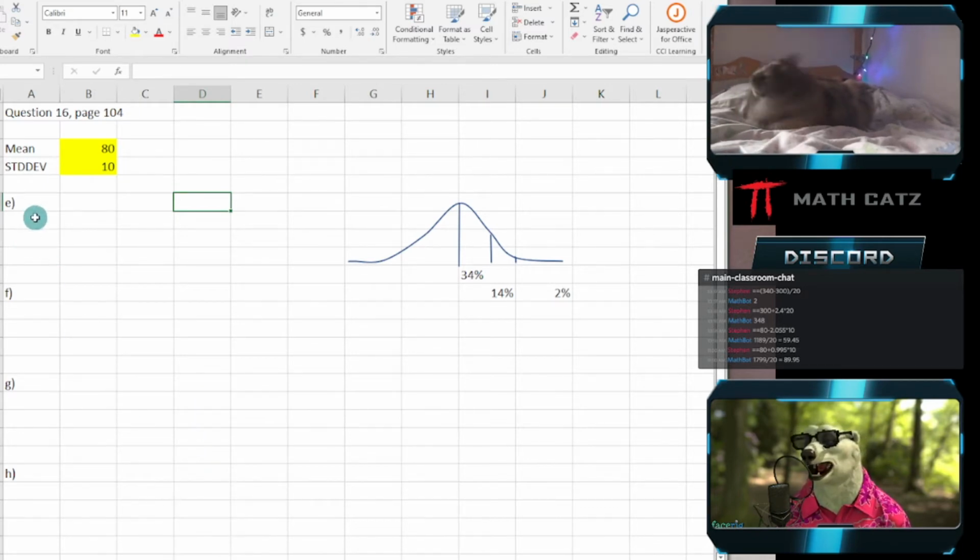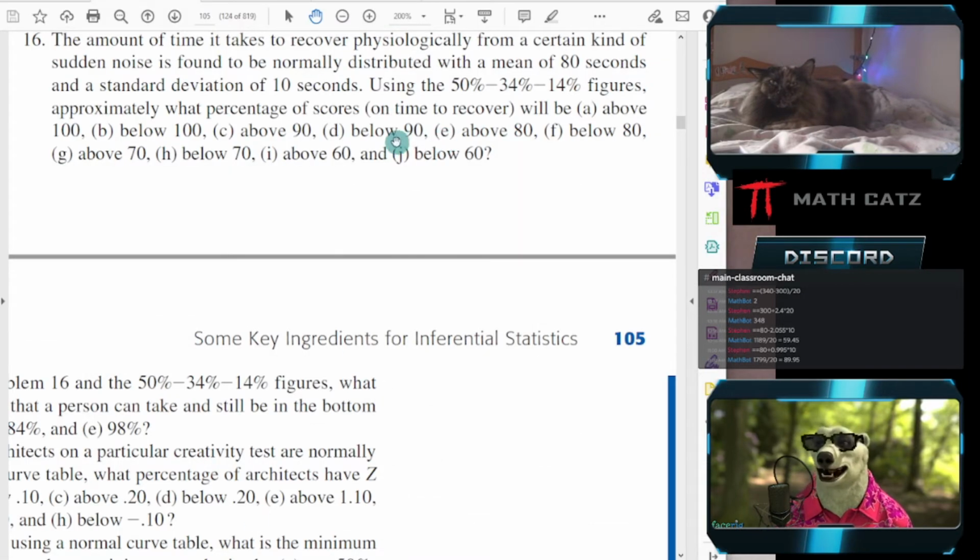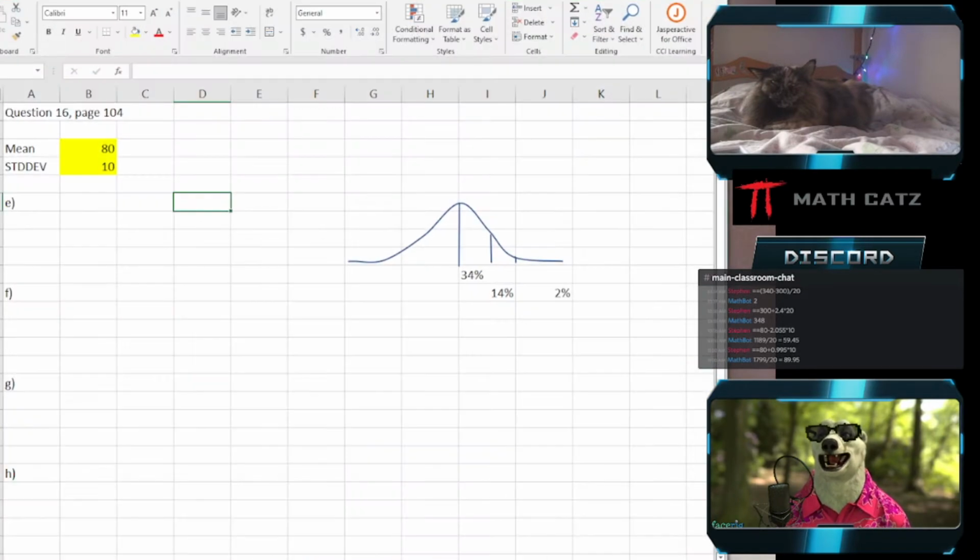First of all, what's the question? The question is in C. Roughly, what percentage of scores will be above 90? I want to convert that 90 to a z-score first.